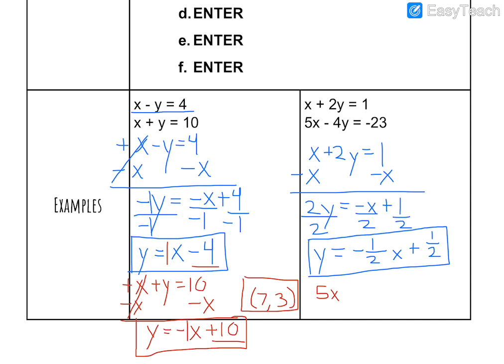Then our second one, 5x minus 4y equals -23. Subtract 5x from both sides. 5x minus 5x gives me 0. So we have negative 4y equals negative 5x minus 23. Divide everything by -4.